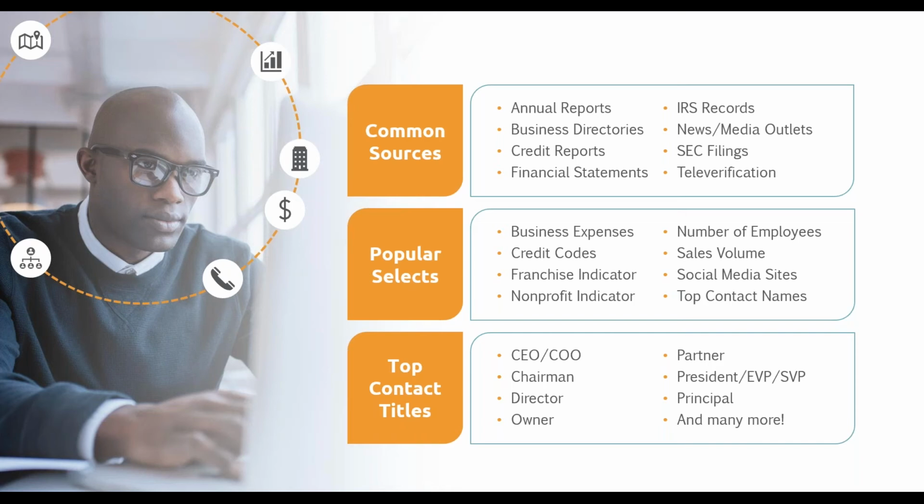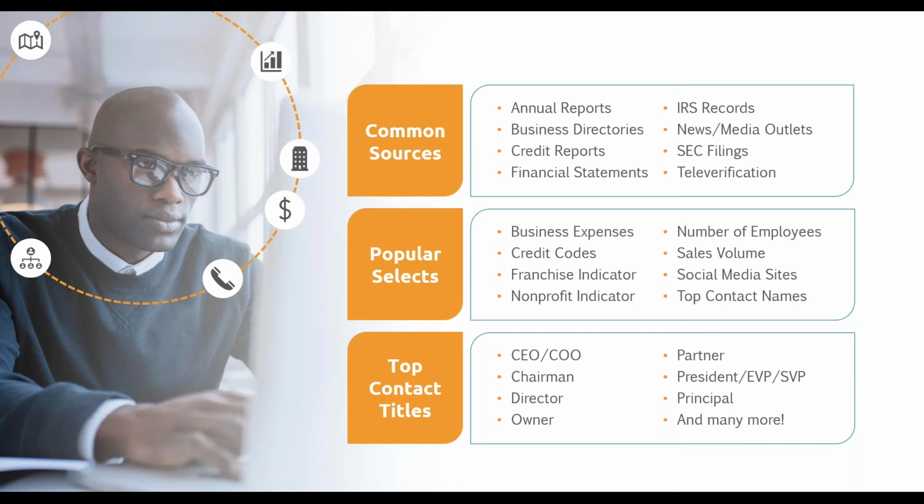So if you want to know the credit worthiness of a business, that's something that would be available. If you want to work with specific franchises or not work with franchises, that's an option, along with any nonprofits, if that's of interest. And then as well as number of employees or particularly sales volume, all of that information is available for that specific business.